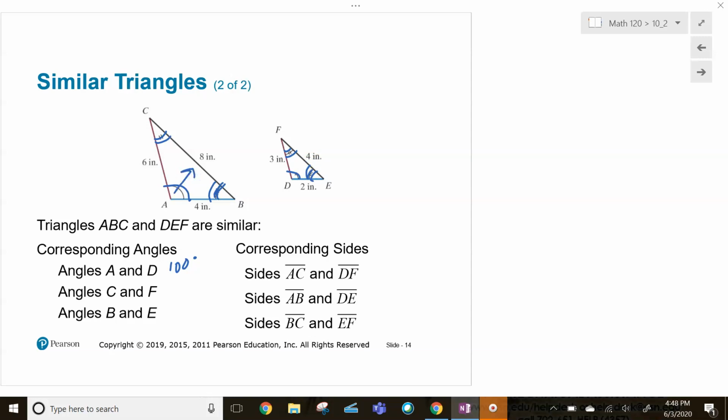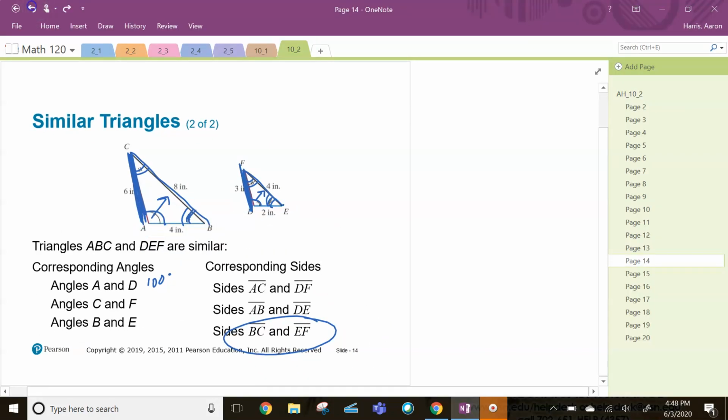And then look at the side length opposite angle A. So that 8 inches corresponds with the 4 inches. So BC corresponds with EF. AC would correspond with DF, and finally AB would correspond to DE. In other words, there's a ratio.